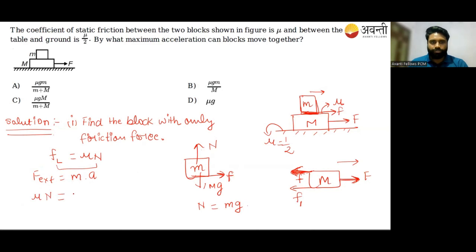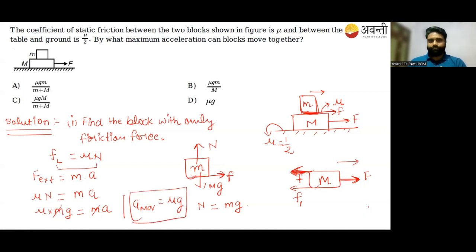N is equal to mg, equals m into a. m and m get cancelled out. So the maximum acceleration that you can have is mu times g. Okay, got it? So option D is the correct option.